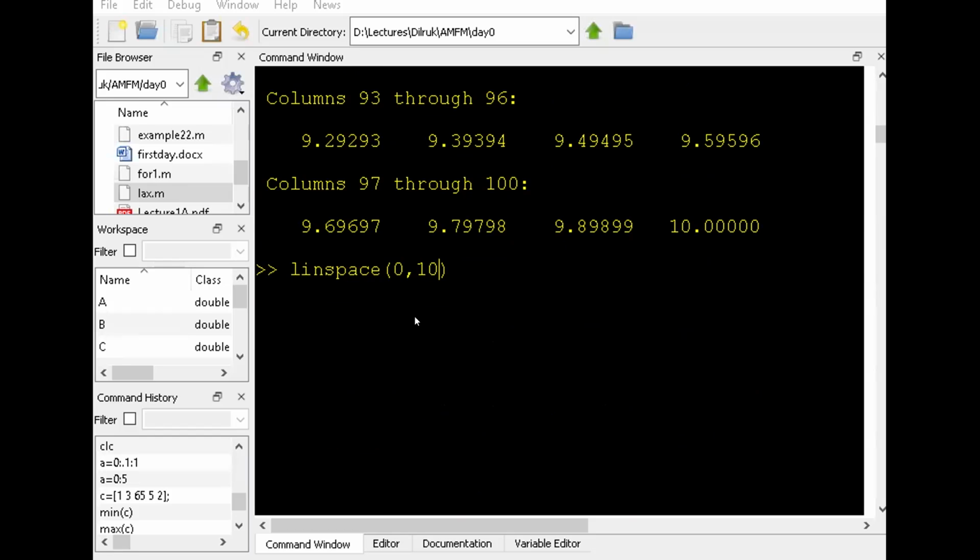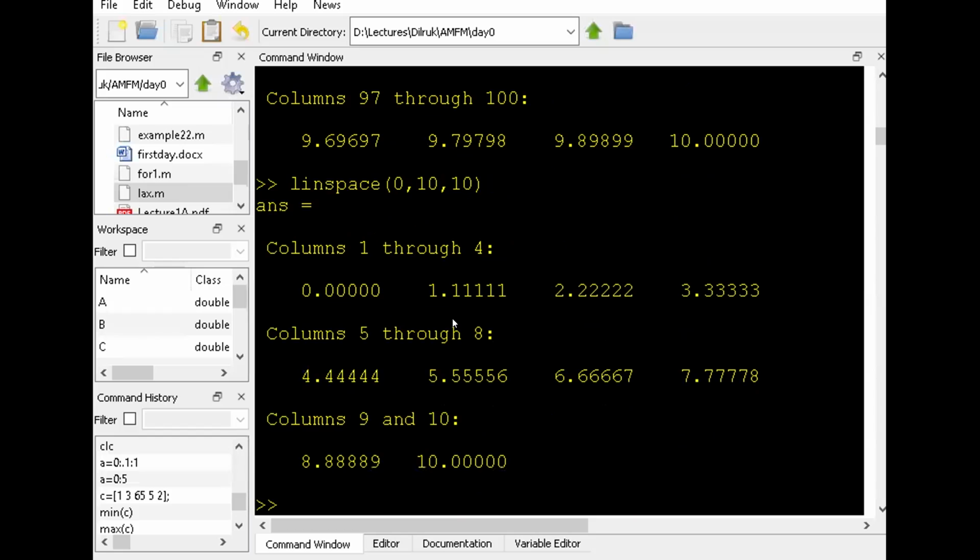So the number of points. I want to break this into 10 points, which means we have 9 subintervals.